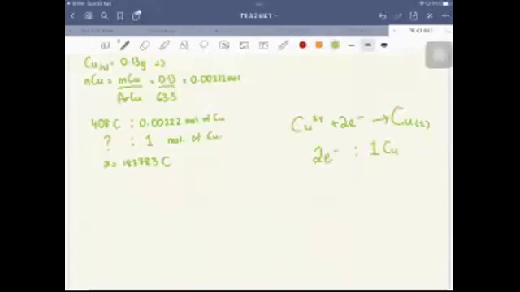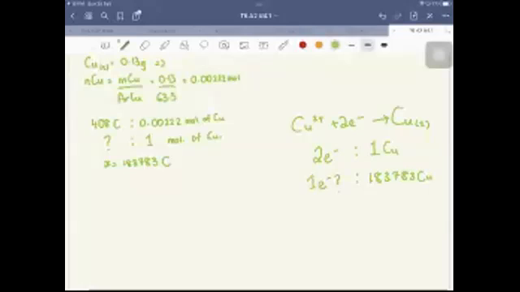Okay, so if the charge that is required to form 1 mole of copper is 183,783 coulombs, what is the charge needed for 1 mole of electron?